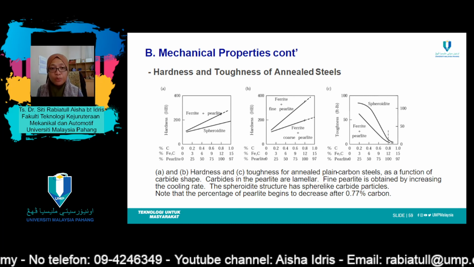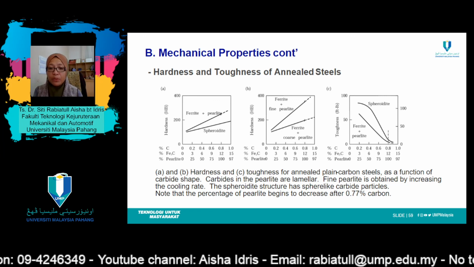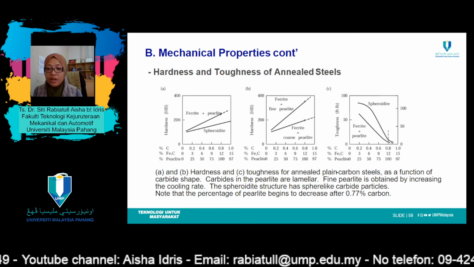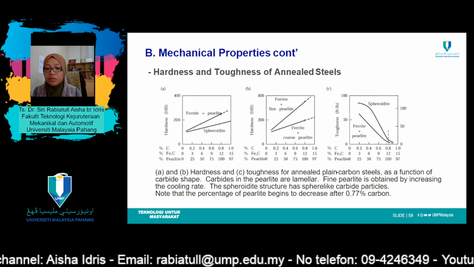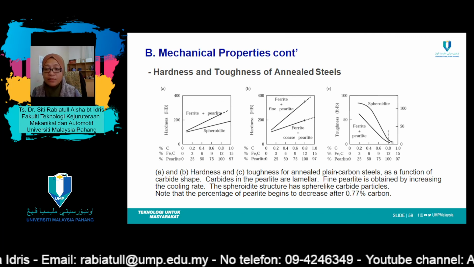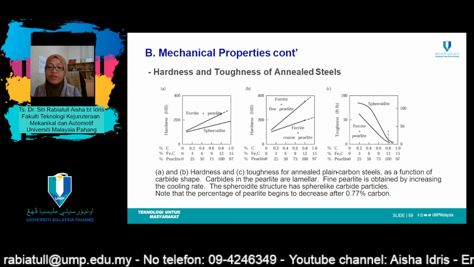You still remember what the lamellar shape is, right? Fine pearlite is obtained by increasing the cooling rate. The spheroidite structure has sphere-like carbide particles. And if you notice from this graph, the percentage of pearlite begins to decrease after 0.77 weight percent of carbon.